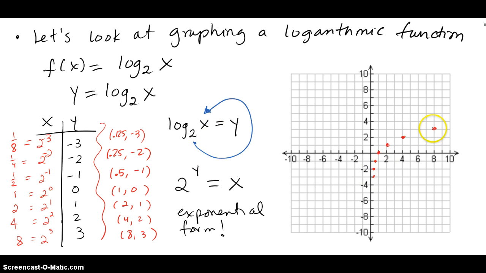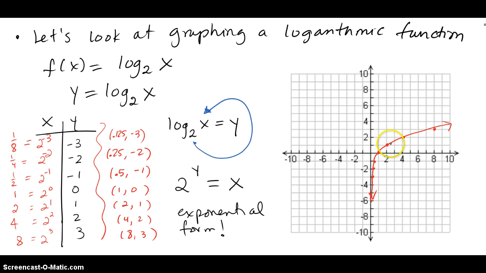As I plot my ordered pairs, I have (8, 3), (4, 2), (2, 1), and (1, 0), and then (1/2, -1), (1/4, -2), and (1/8, -3). I have my ordered pairs plotted, and I'm going to connect them with a curve, of course.